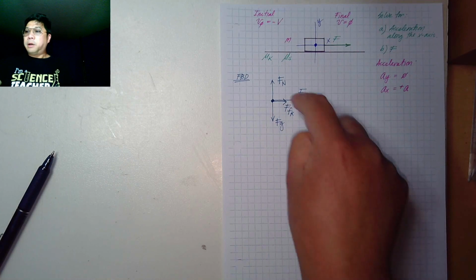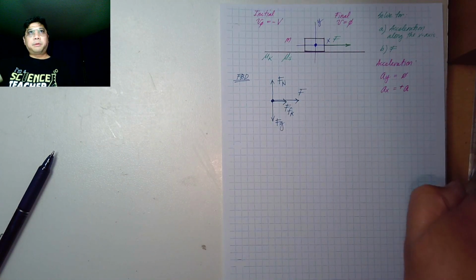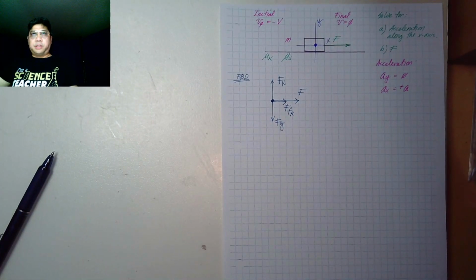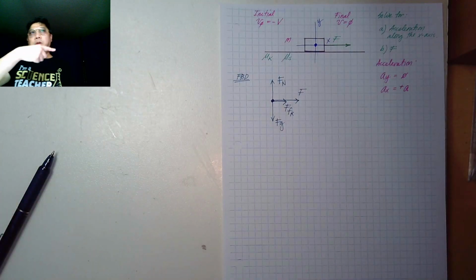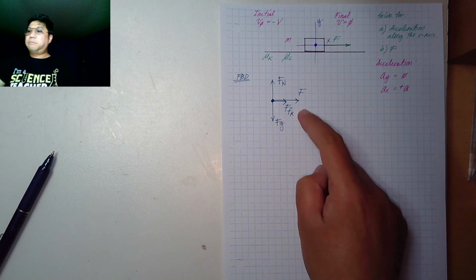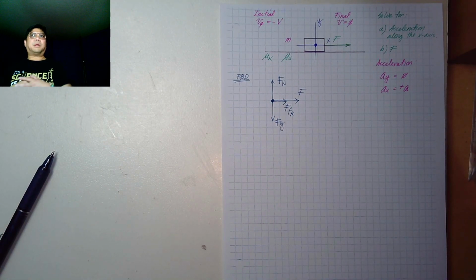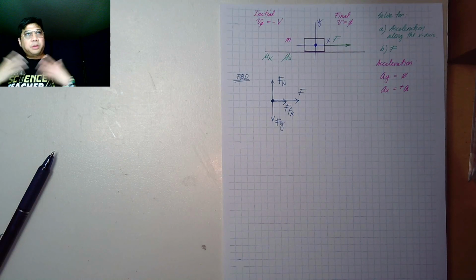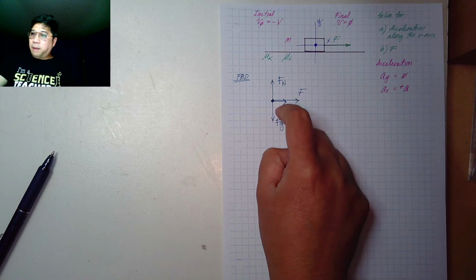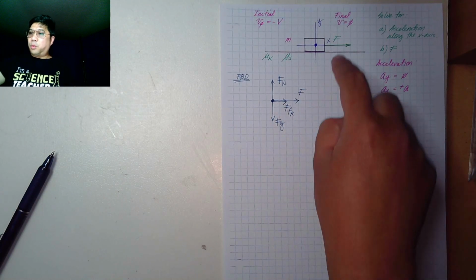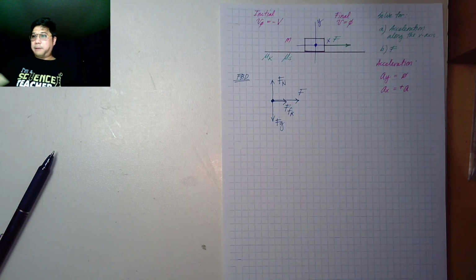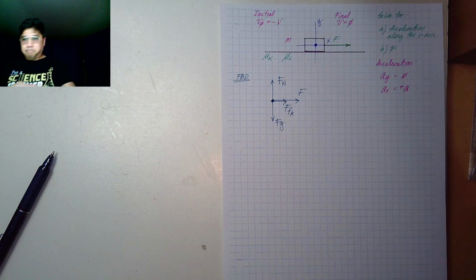Again, the reason why it's pointing to the right is because this time it's moving to the left. So it's kinetic friction causing it to slow down also. So we have kinetic friction, and we have our applied force. It means that the kinetic friction wasn't strong enough to stop the object. What causes it to stop is a combination of both the kinetic friction and our applied force.